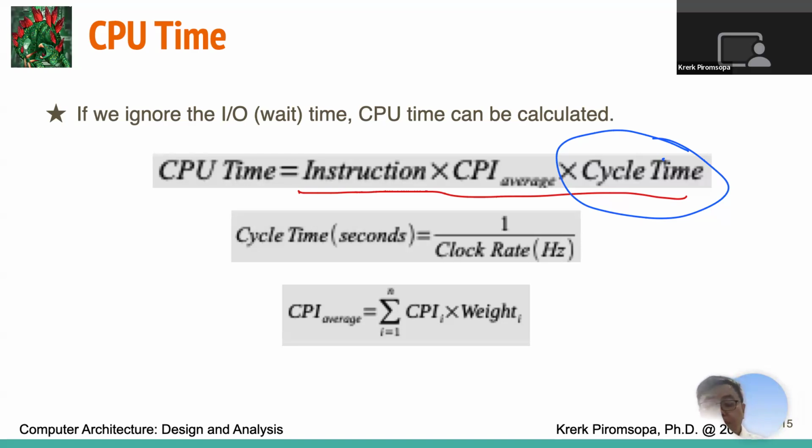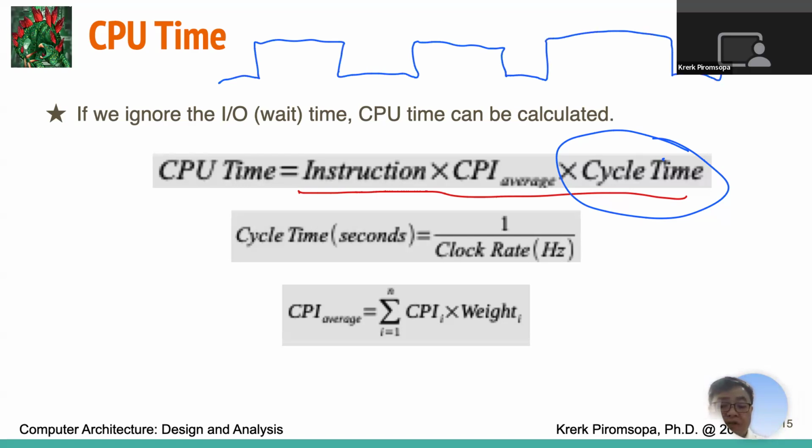So it's like this. You put a clock into a processor. The clock would look somewhat like this. One period of the clock, we call it one cycle. That's one cycle. So rather than say how many seconds it takes to perform an instruction, we would say how many cycles.